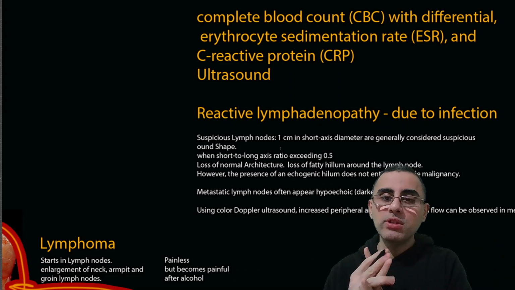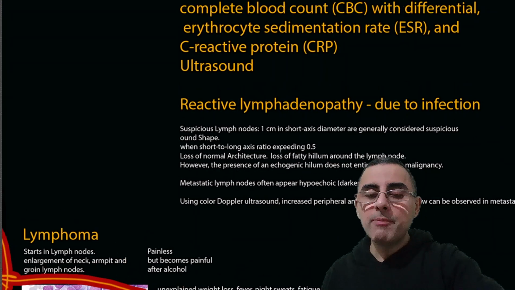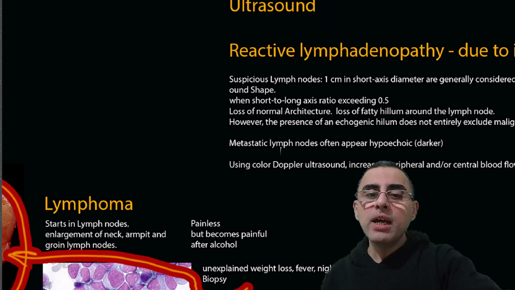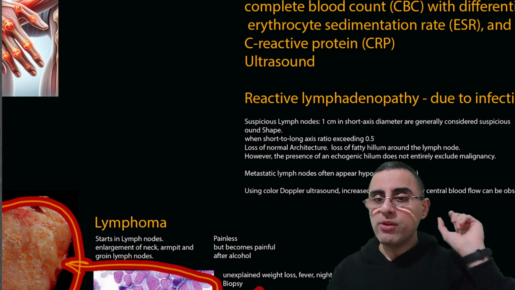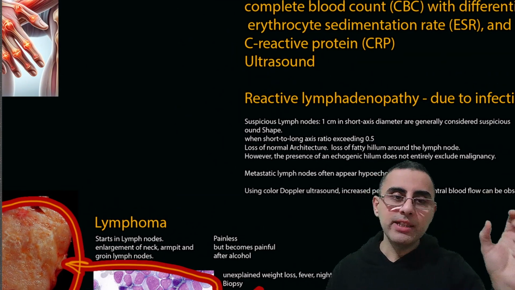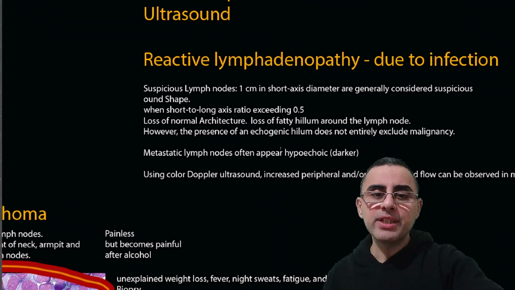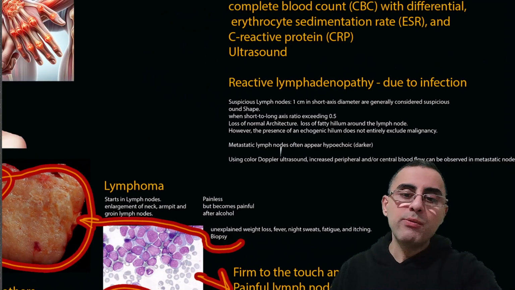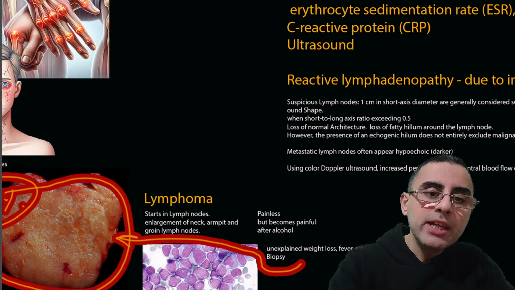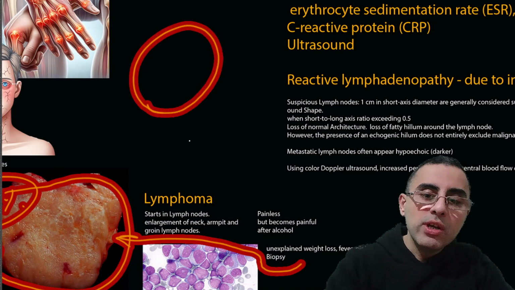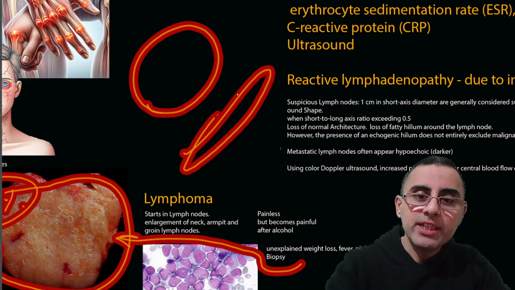During ultrasound, if there are normal or slightly increased lymph nodes, usually it's not because of cancer. When there is cancer, usually lymph nodes are round in shape. Normally they should be elongated, but in case of cancers it's round.